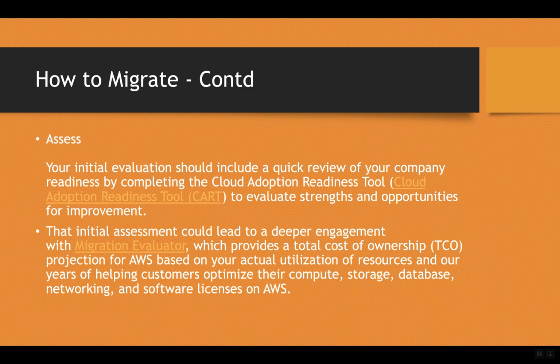So what is the assess phase? Your initial evaluation should include a quick review of your company's readiness by completing the cloud adoption readiness tool, called CART, to evaluate strengths and opportunities for improvement. That initial assessment could lead to a deeper engagement with Migration Evaluator, which provides a total cost of ownership projection for AWS based on your actual utilization of resources and years of helping customers optimize their compute, storage, database, networking, and software licenses on AWS.